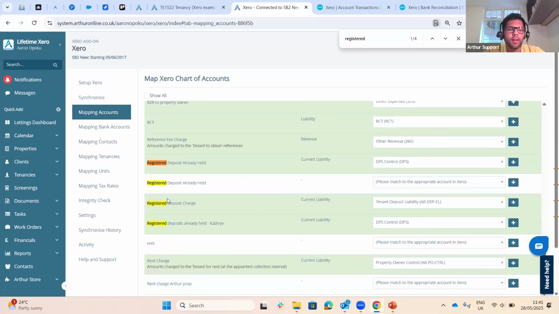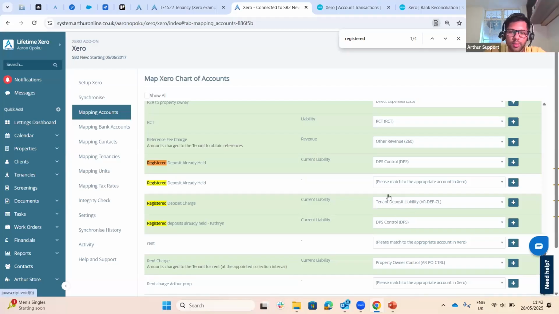Here you can see the registered deposit charge is usually mapped to a current liability account, which by default would be the tenant deposit liability nominal code on Xero, which appears on your balance sheet. So every time you create a registered deposit charge on Arthur, it syncs across as a current liability to this deposit liability account.